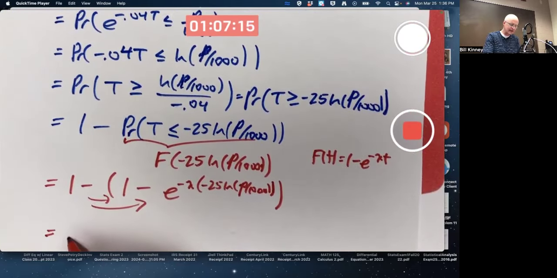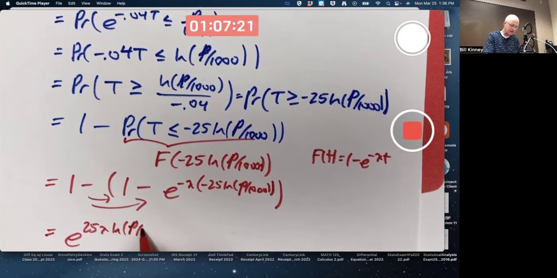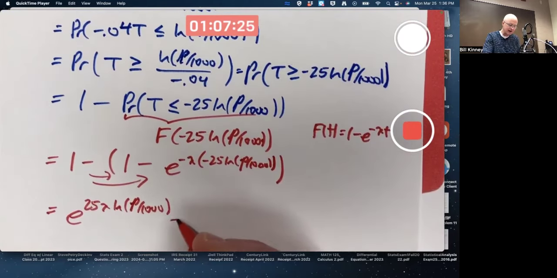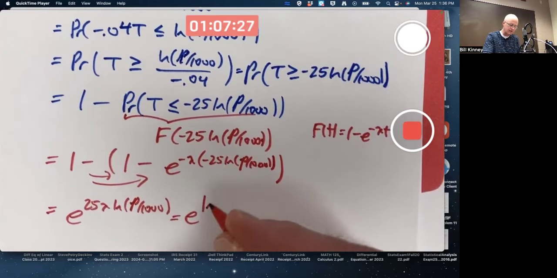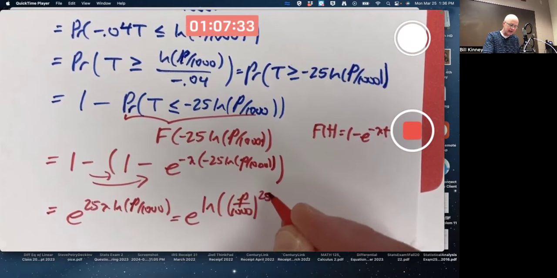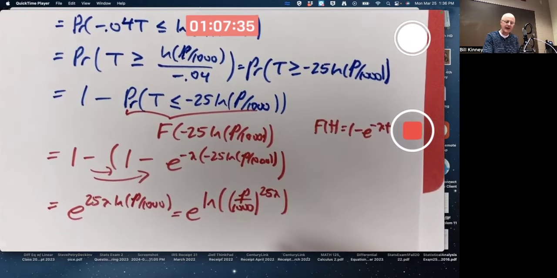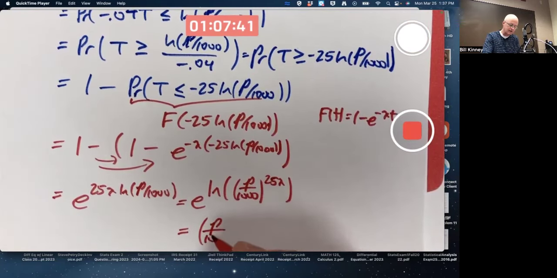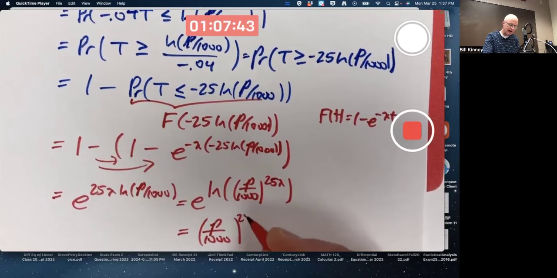You're left with e to the 25 lambda ln of p over 1,000. Kind of complicated looking, but that does simplify, because you can use properties of logarithms to write that like this. And then the e and the ln are inverse functions, so they cancel effectively. And you're left with the function p over 1,000 to the 25 lambda.